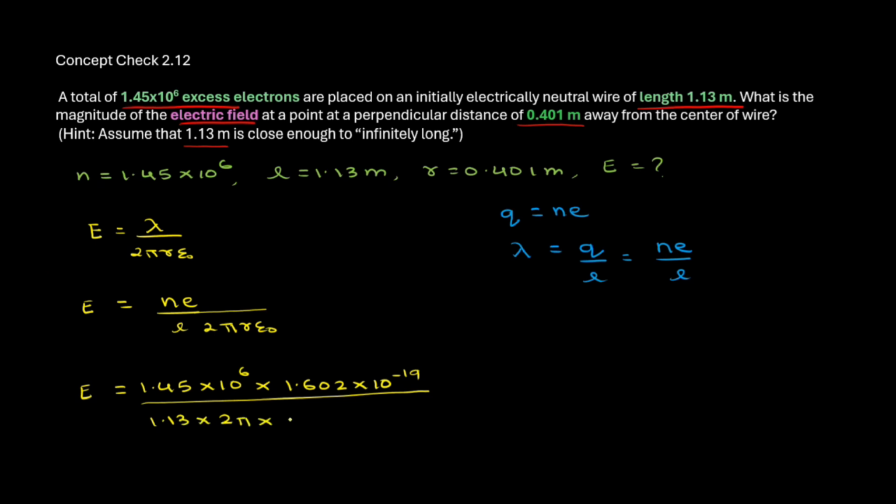The perpendicular distance from the wire is 0.401, and epsilon naught is 8.85 times 10 to the power negative 12. And when you solve this, you get the electric field at that point to be equal to 9.21 times 10 to the power negative 3 Newton per coulomb.